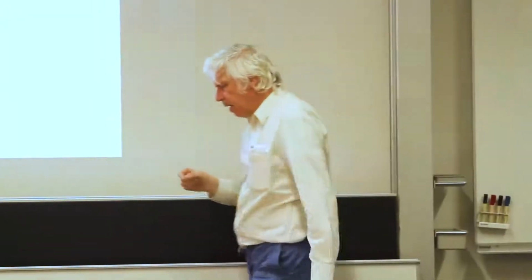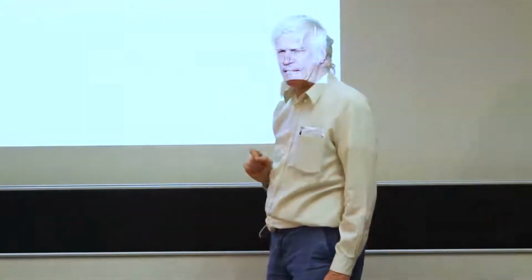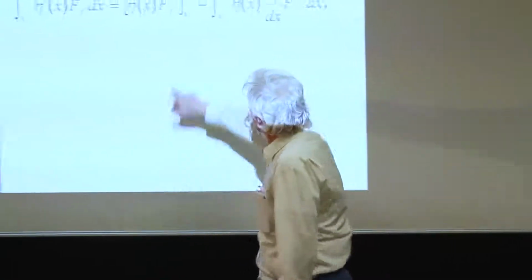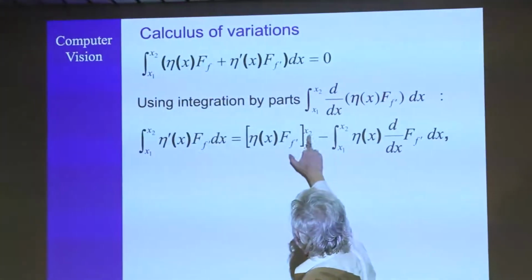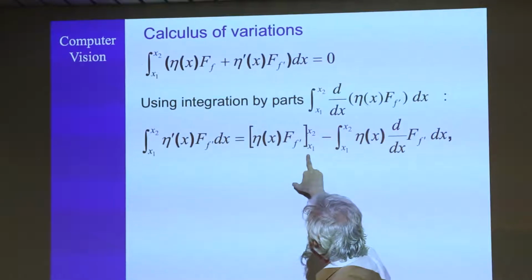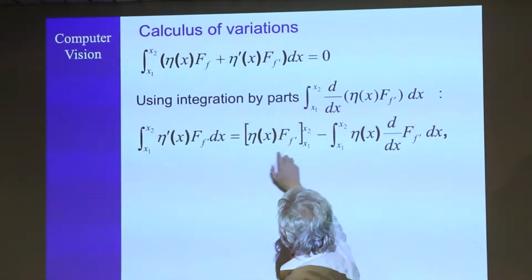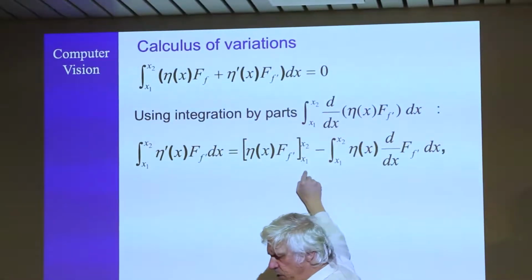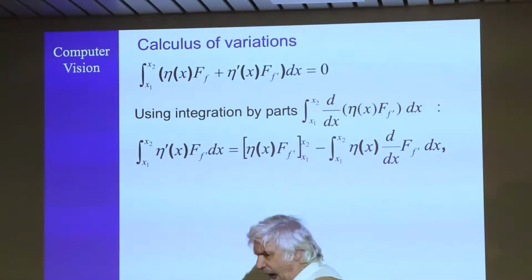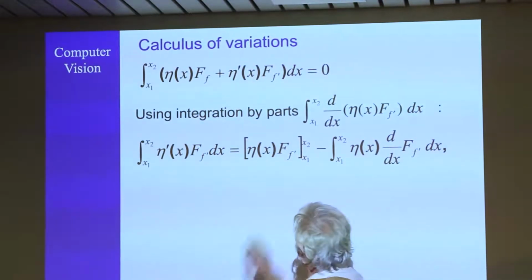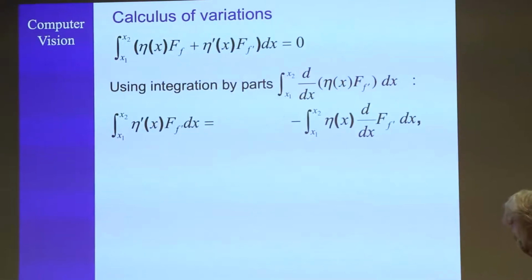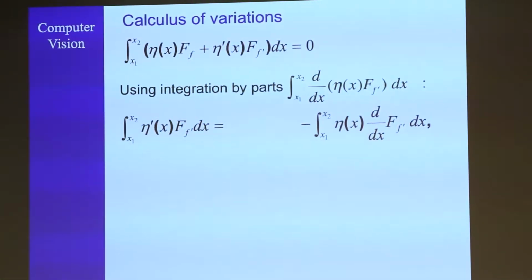Now, we didn't have to ask much of eta, but one of the few things we had to ask is that it would vanish at the boundaries. So eta would be 0 at x2 and at x1. This being the product evaluated at x2 minus that same product evaluated at x1, with eta 0 at either end, this thing vanishes. And there it goes.